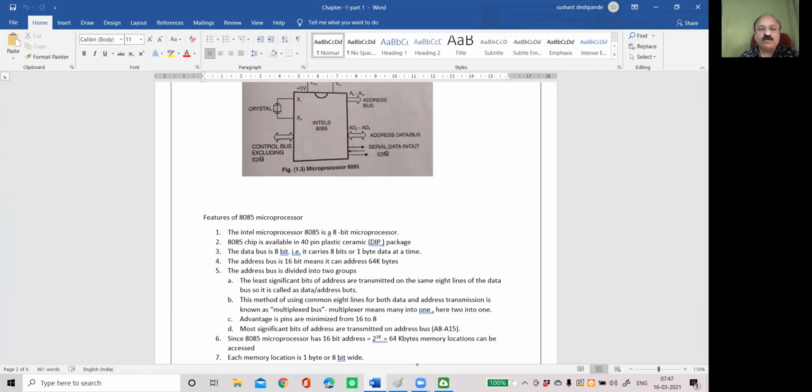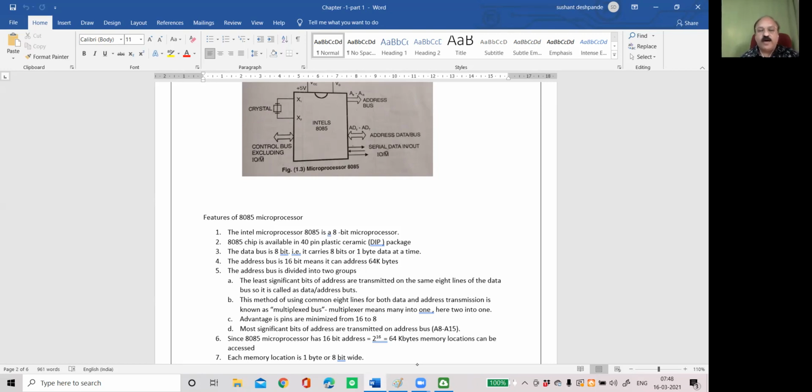Second feature is 8085 chip is available in 40-pin plastic ceramic package. Total, how many pins are there? 40 pins are there. The data bus is 8-bit. It carries 8 bits or 1 byte at a time. The address bus is of 16 bits.